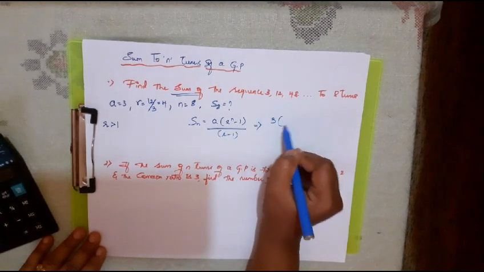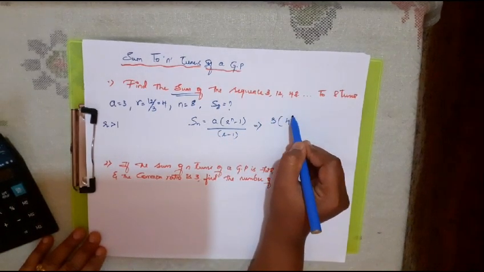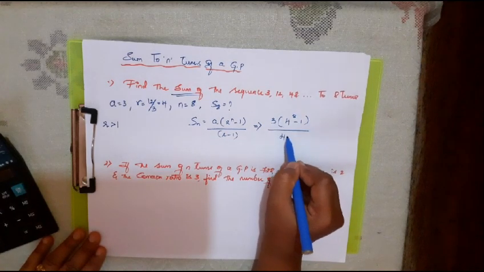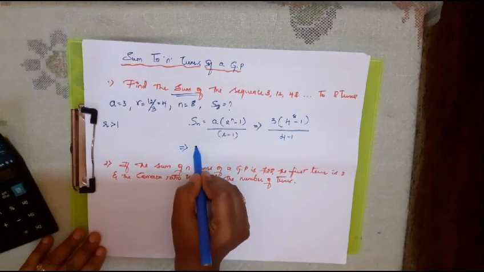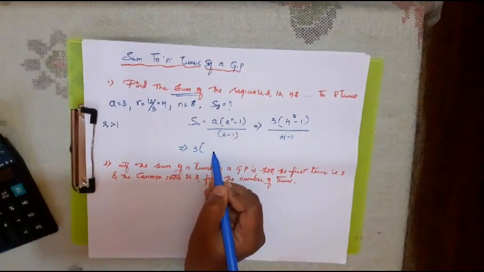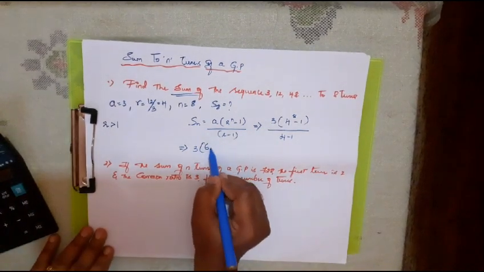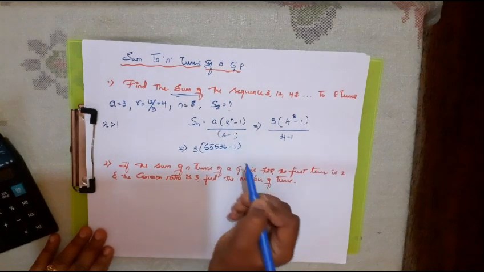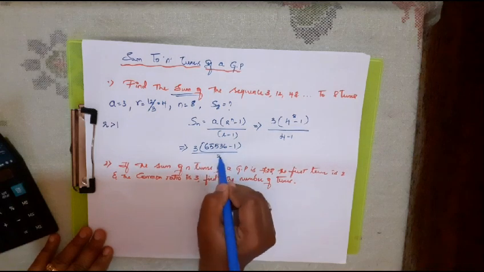So A value is 3, R value is 4, to the power n is 8, minus 1, divided by 4 minus 1. Here 3 into 4 to the power 8, which is 65,536, minus 1, divided by 3.